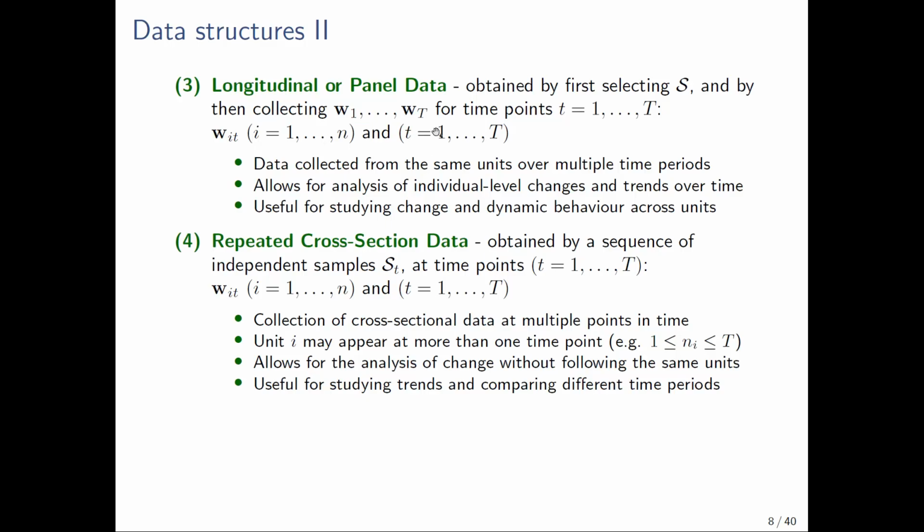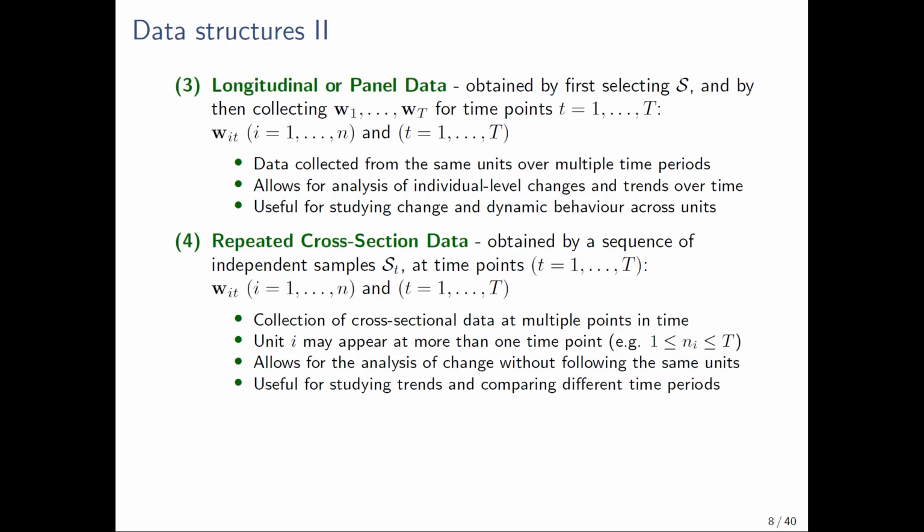So panel data are essentially a combination of cross-section and time series data, but crucially, they follow the same units over time. That allows the analysis of individual-level changes and trends over time, and it allows us to study dynamic behaviour across units, for the same units over time. So it mixes both temporal and cross-sectional observations, but always for the same units.